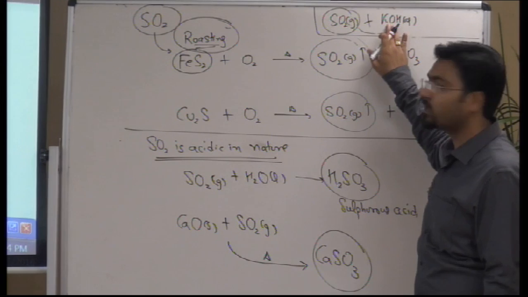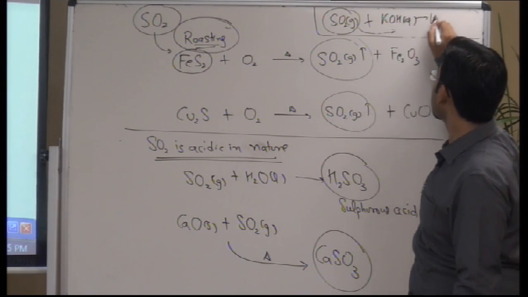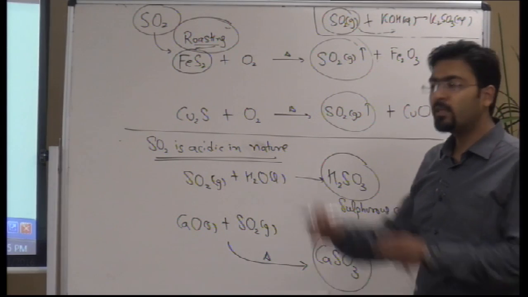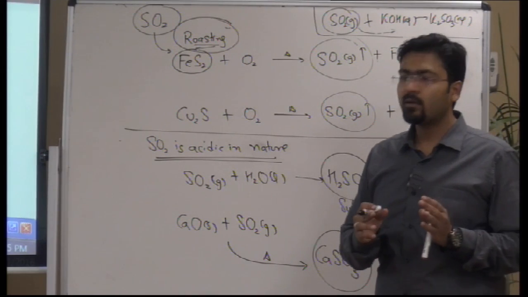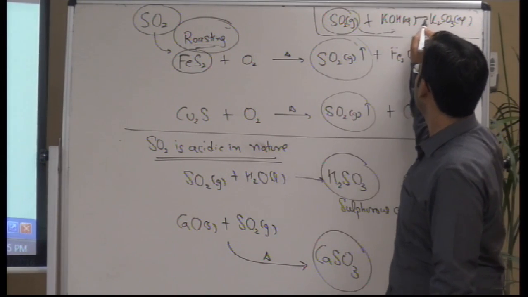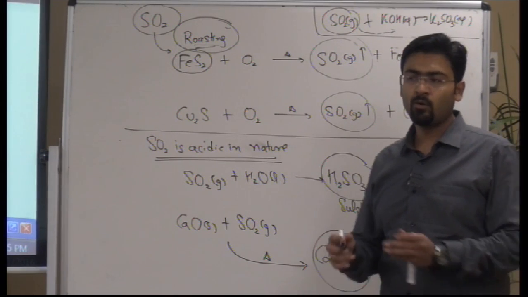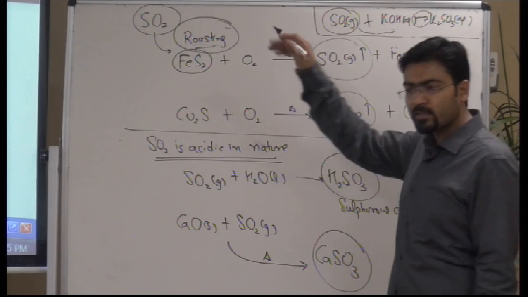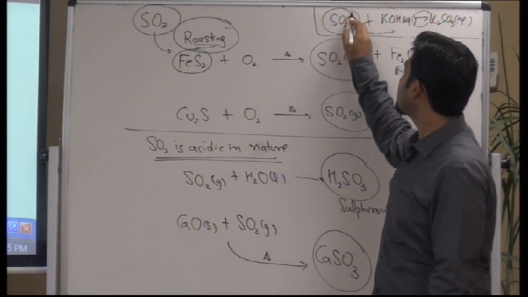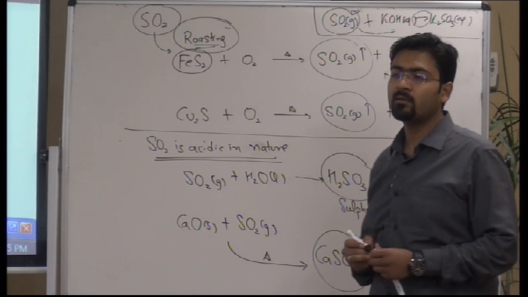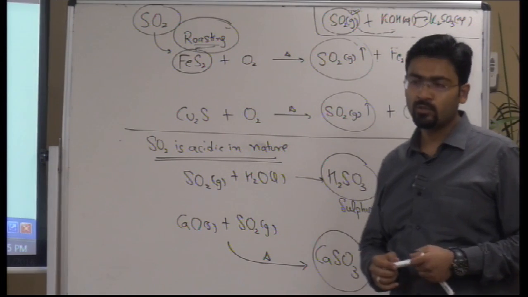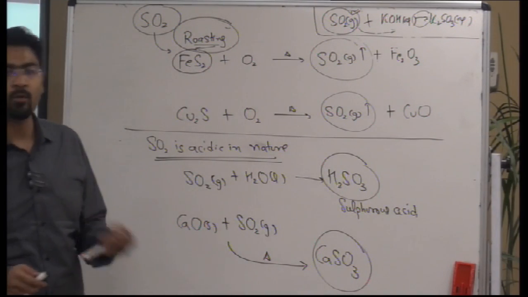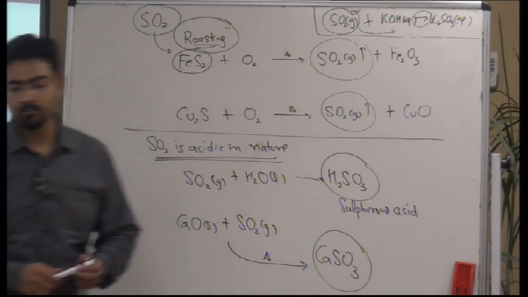The H2SO3 and KOH will form a salt. If the two keep on reacting, because of the irreversibility of the reaction, it will keep on going in the forward direction. So I can say that SO2 is highly soluble in alkaline solutions. This is how we can perceive it.